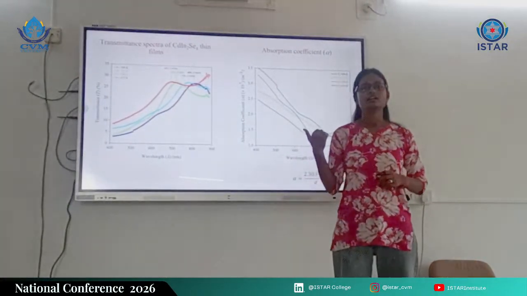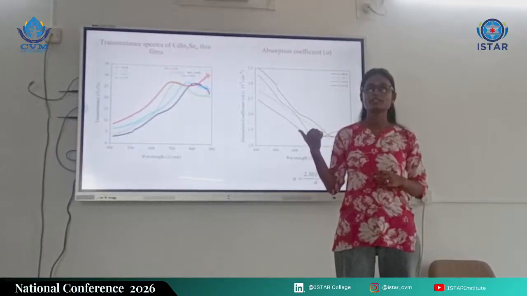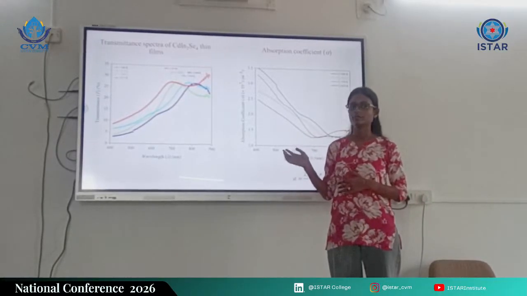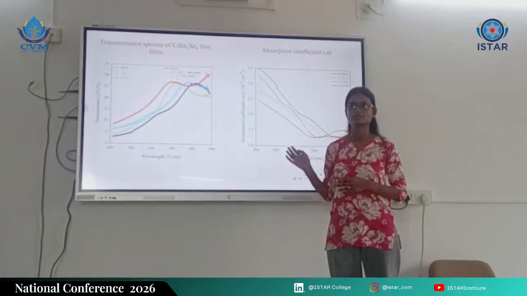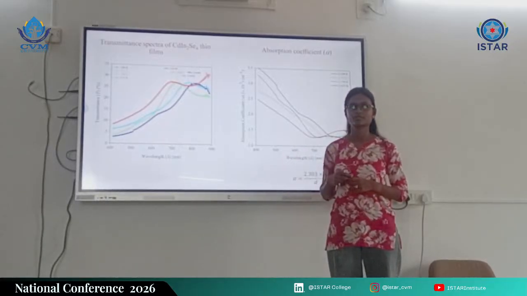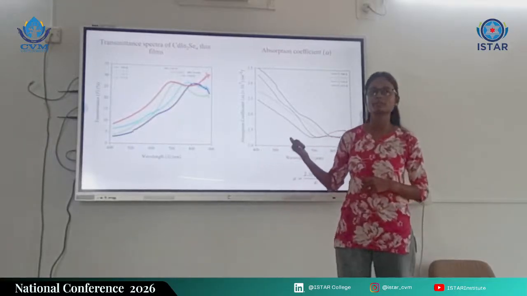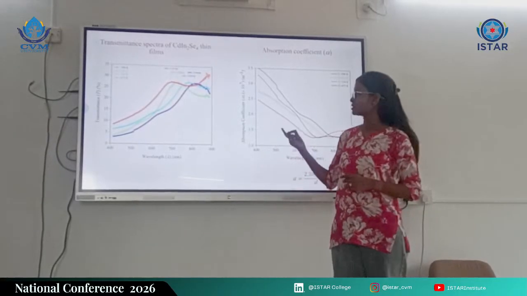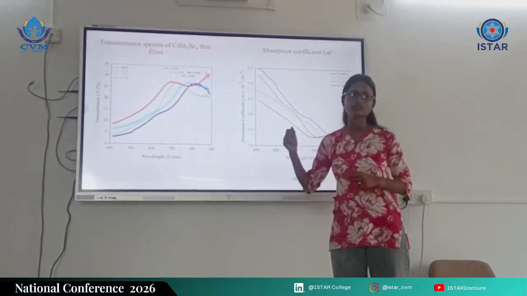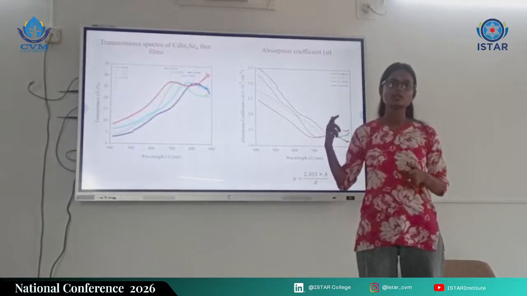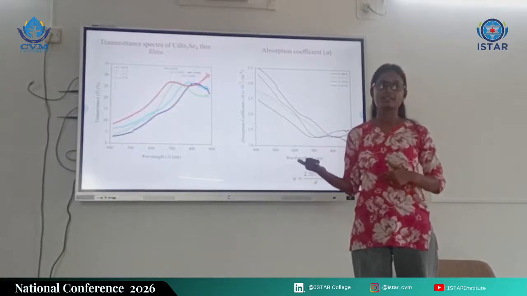From the transmittance spectra we can see that this film shows good transparency in the visible region, and as the substrate temperature increases, the transmittance also improves due to improved crystallinity.